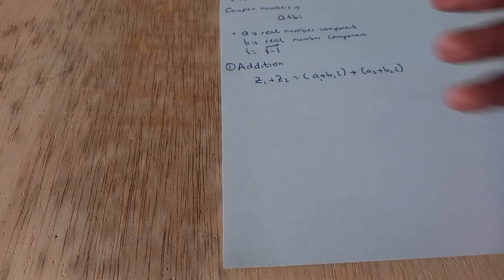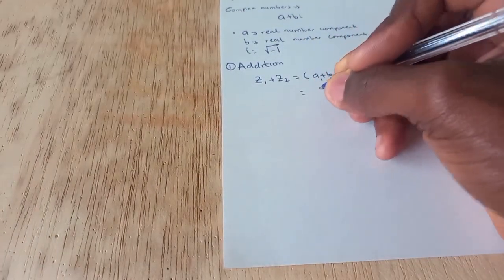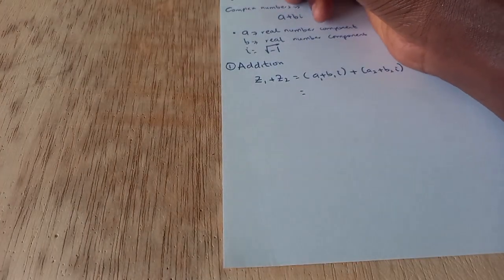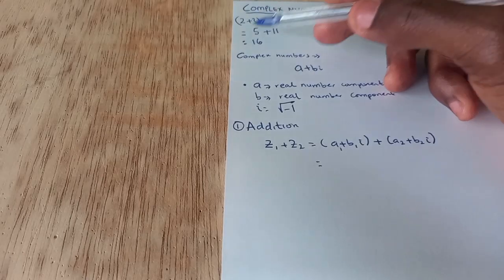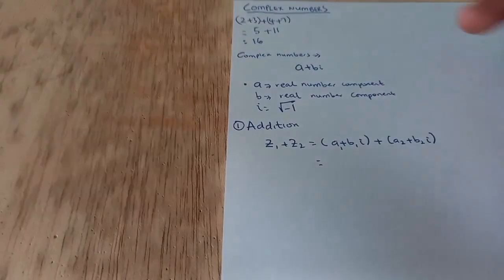Hopefully they are multiplying. So once we have this, we have what we did over here with the real numbers. So like plus like, hopefully.